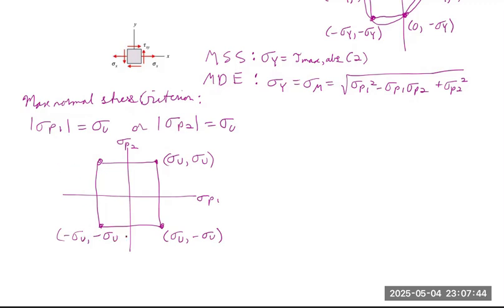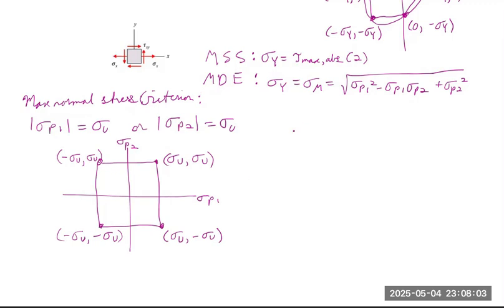And here we have negative sigma u, sigma u. All right, so this is the general state of plane stress.